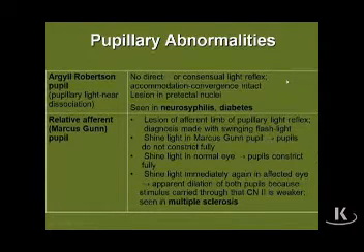Then, if a patient has an optic nerve lesion, again a common feature of multiple sclerosis, they will develop what is known as a relative afferent pupillary defect, known as a Marcus Gunn pupil.